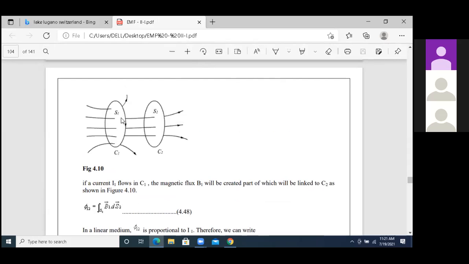So this will produce a magnetic flux which will link. These lines are flux lines due to C1, right? But you see, some of the lines will link C2.